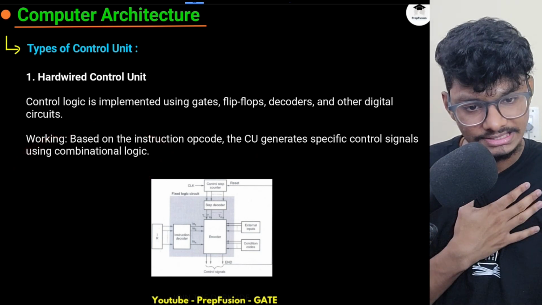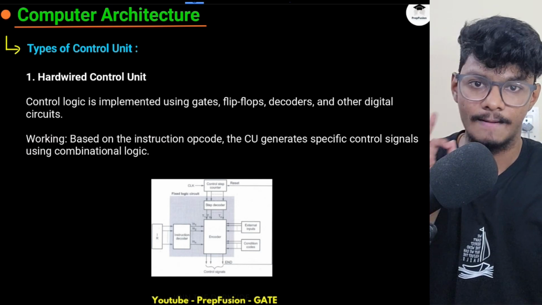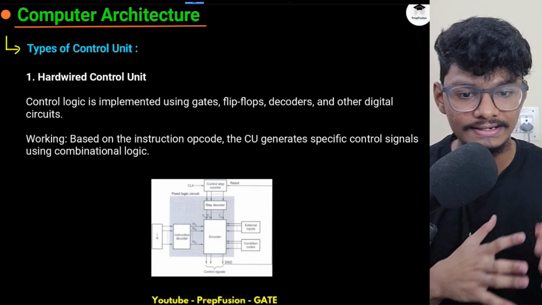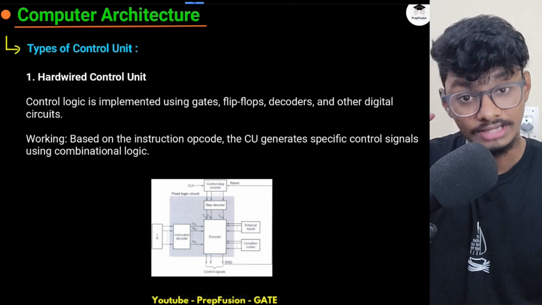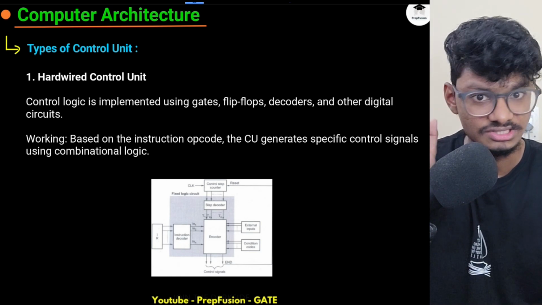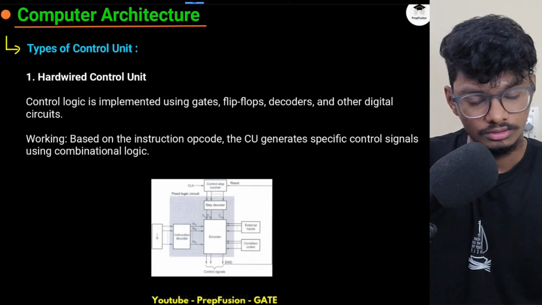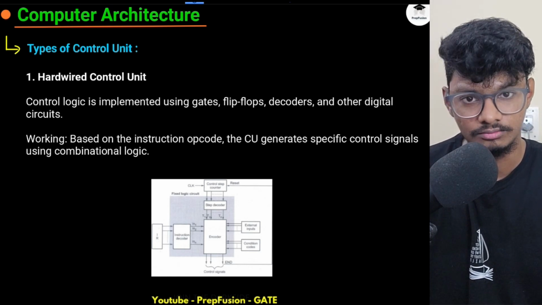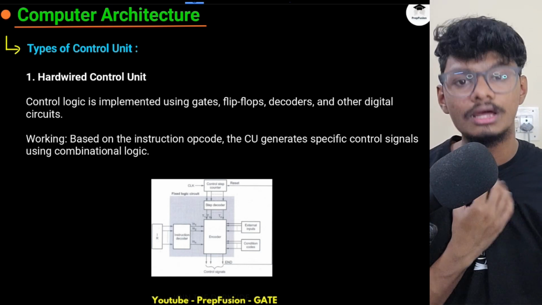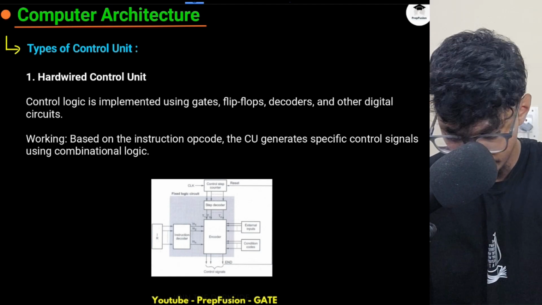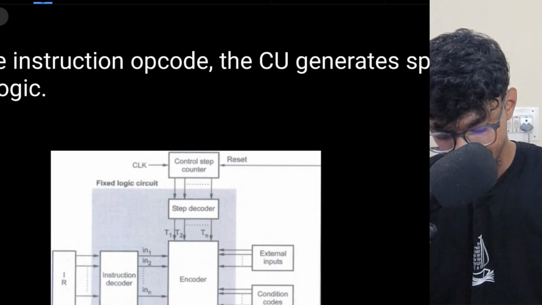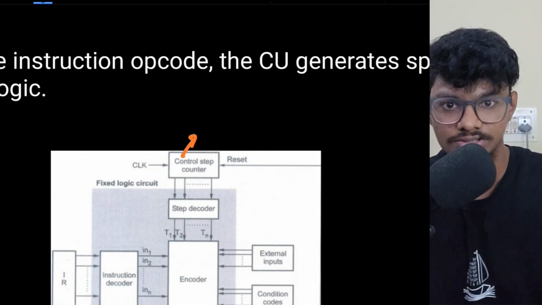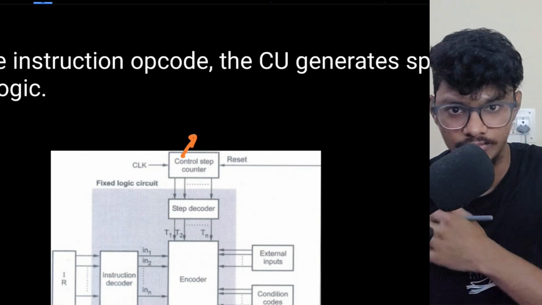What happens is, before the CPU has been designed, the designer decides exactly in the hardware what each instruction means. The designer decides how to execute a particular program, a specific task like addition, division and all those things. Here we have a clock generator, and at each clock some control signal will be sent.